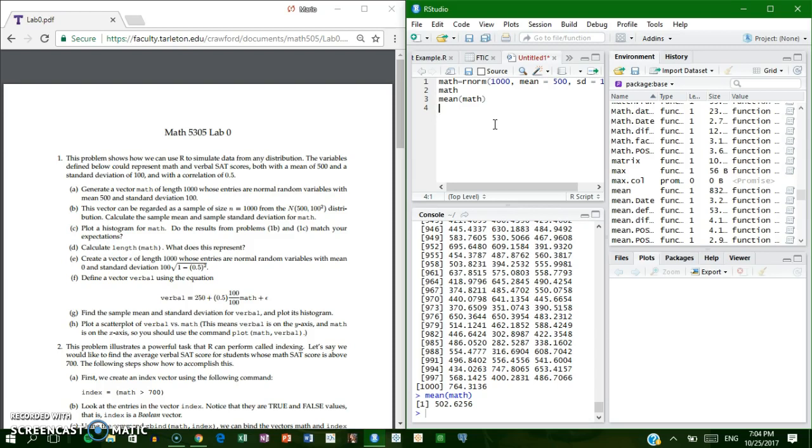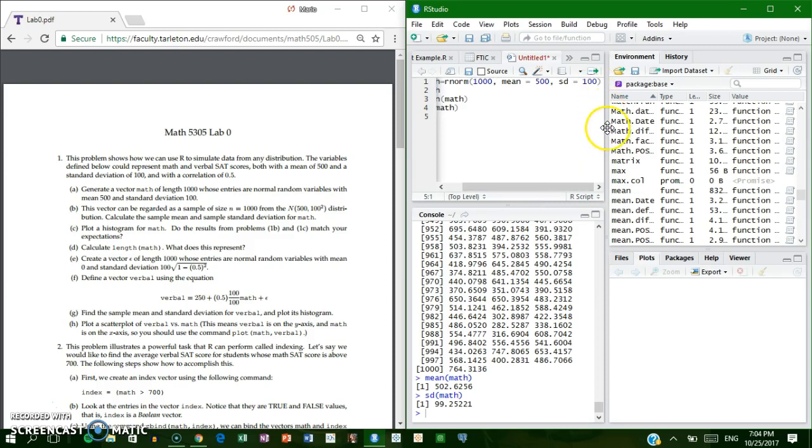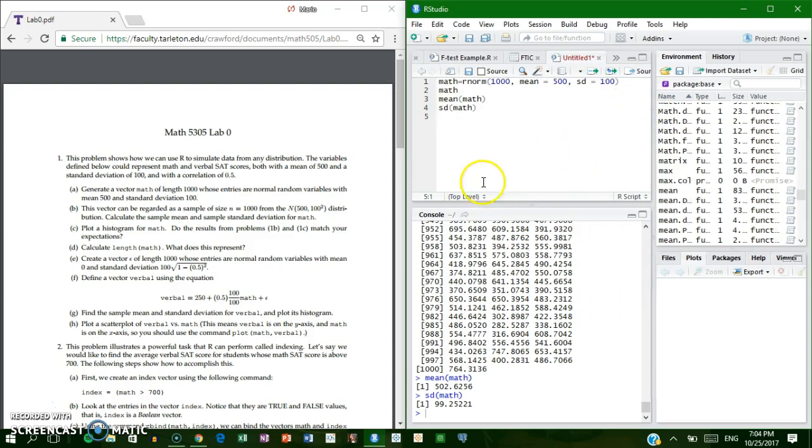Then standard deviation, sd of math, is 99.25, also close to 100. What if I type variance of math? It's 9,855.1, which is close to 10,000. Those are not perfect numbers, so of course you're not going to get the perfect answer.